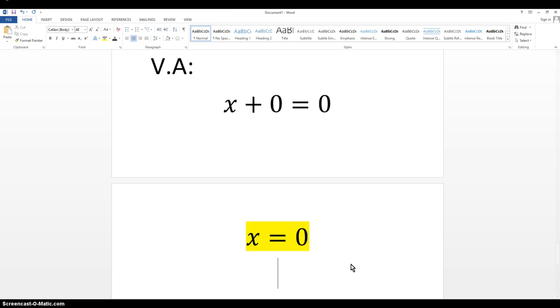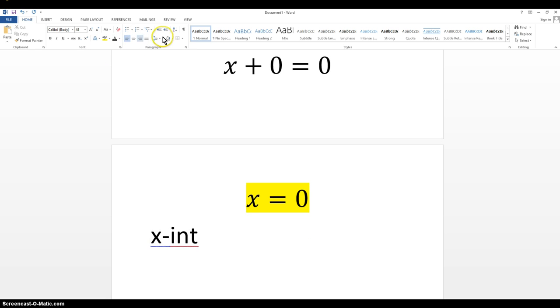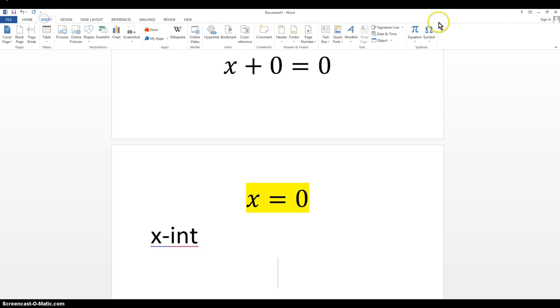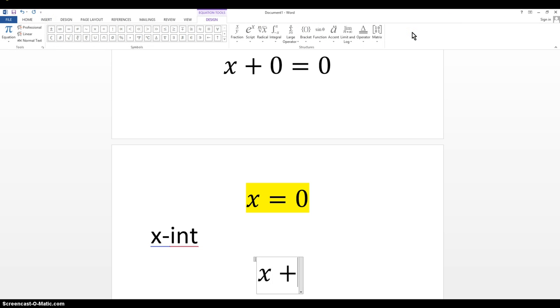And then our last part is to get the x-intercepts. So what happens at the x-intercepts? Of course, y is always 0. So we set my bx plus c part, which is x plus 0, equal to what? 1.